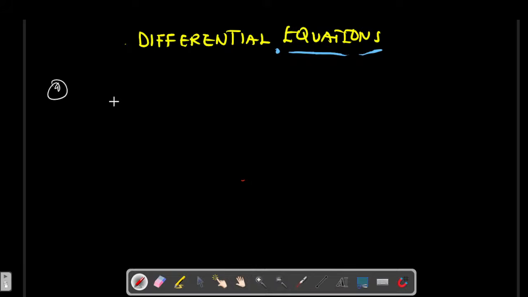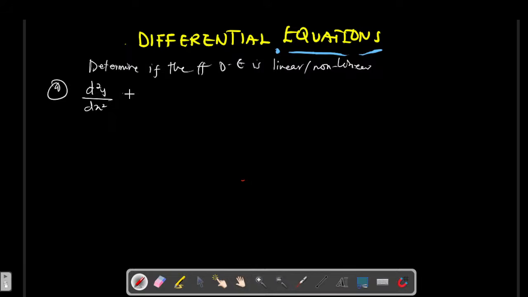So the fourth question, here is another preamble. Determine if the following differential equations are linear or non-linear. I have the fourth one to be d squared y over dx squared minus 2y is equal to natural log of x.